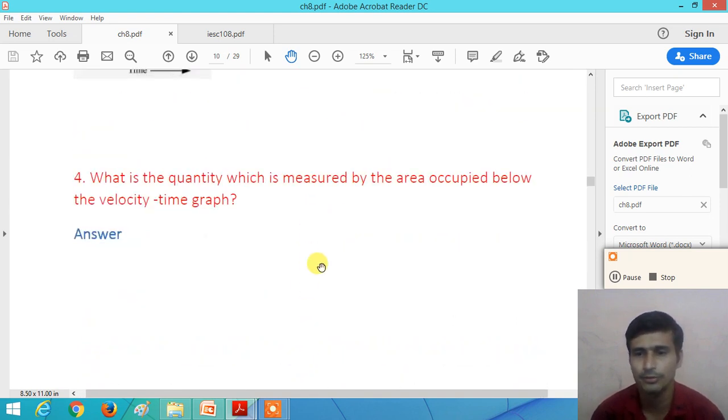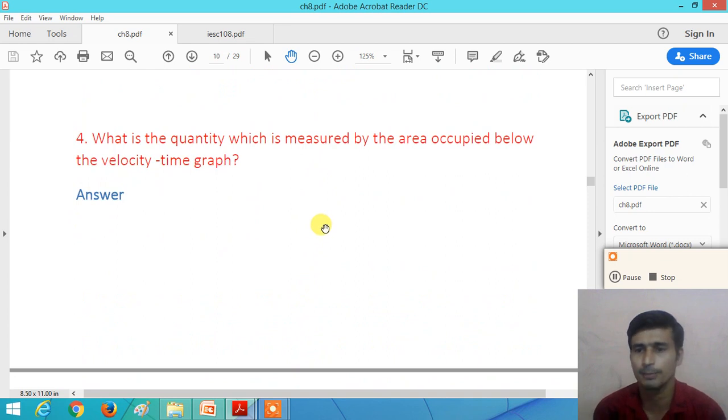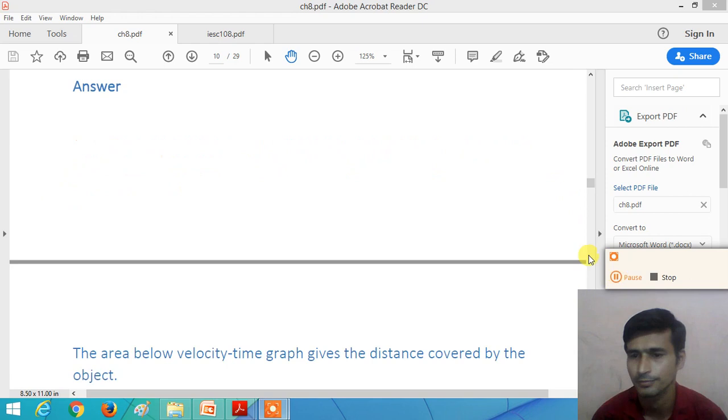In the properties of the velocity time graph, we already discussed these things. The area covered by the velocity time graph on the time axis gives us the distance covered by the object and the magnitude of the displacement. So the distance covered by the object is measured by the area occupied below the velocity time graph.